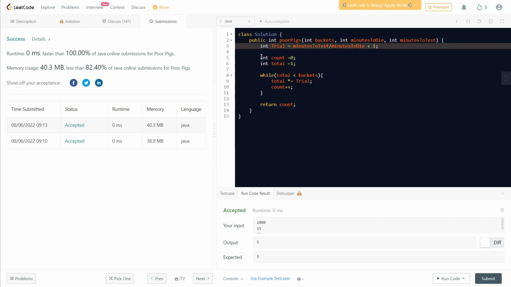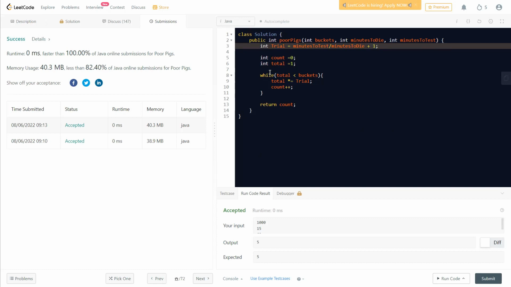So I just took the plus one directly over here, and we're just doing total times trial. We just multiplied. If you remember, 3 minutes back I was saying 4 plus 1 into 4 plus 1 into 4 plus 1 until n times. That's how we started the derivation of our formula. We derived the formula and took the logarithm of that.